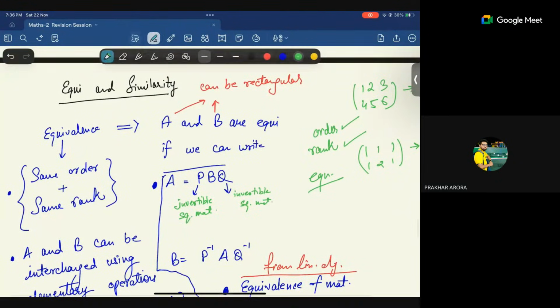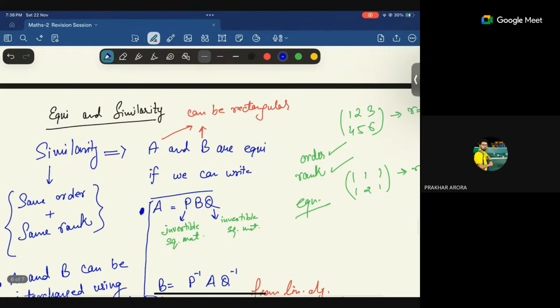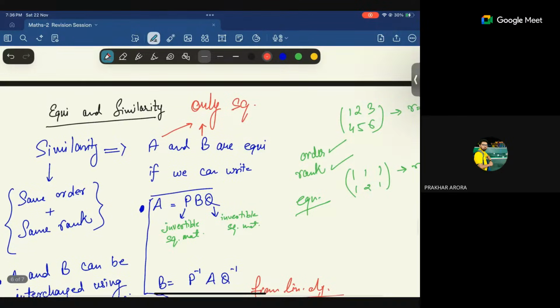Now, what is similarity? I'm going to make changes here only. It will save time. Similarity. Now A and B are only square matrices. What will be the change in the equation? The change will be P inverse. Earlier we had Q. Now here we don't need two separate matrices. We just need one matrix and its inverse.